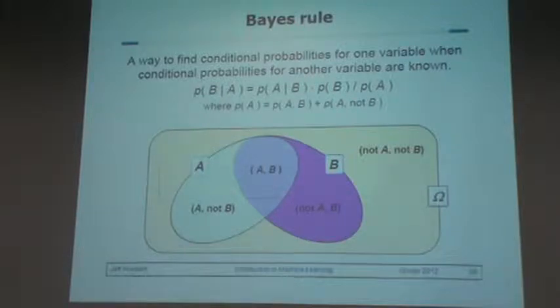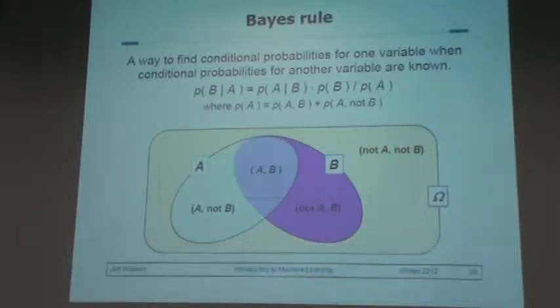This can be derived from the conditional probability of A given B times P of B over P of A. So we know the chance of B, we know the chance of A, and we also know the conditional probability of A given B. Using this information, we can find the probability of B given A. Even though we do not have the value of this one, we can derive it from this. That is the huge benefit of the Bayes rule.